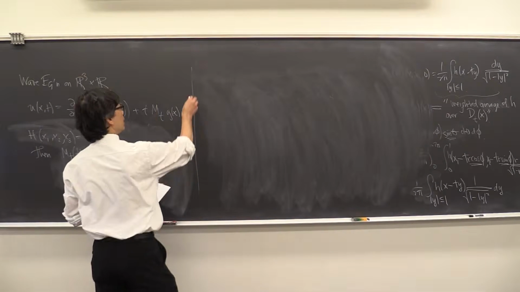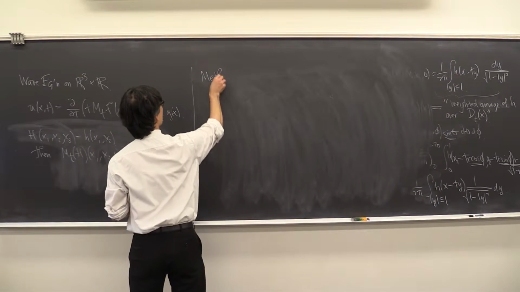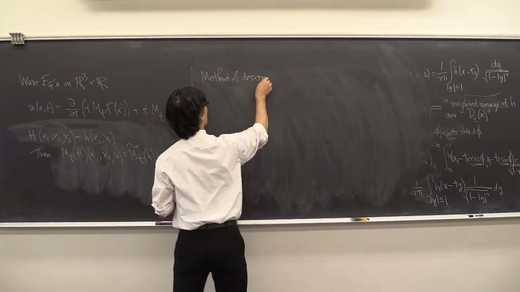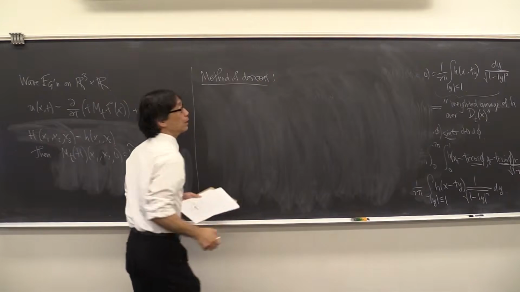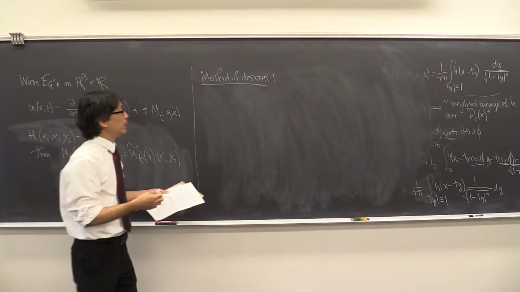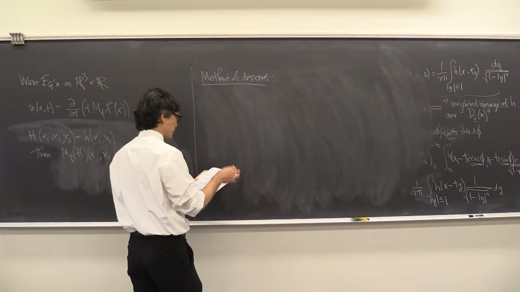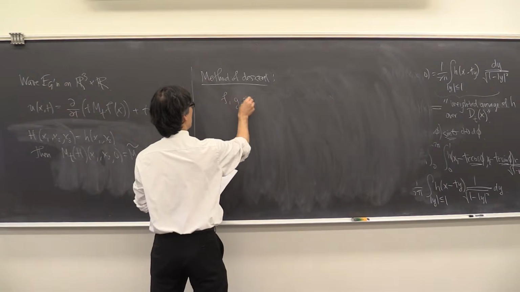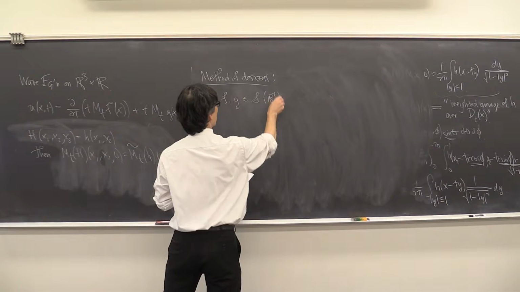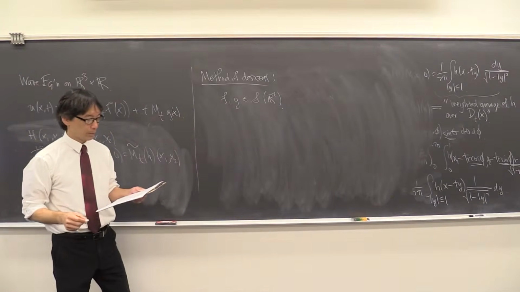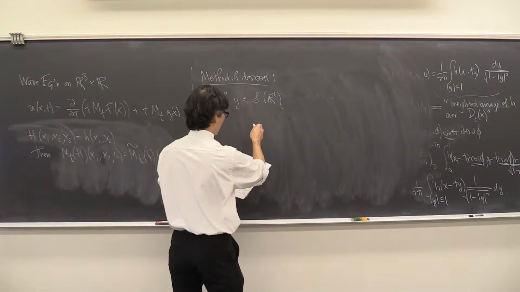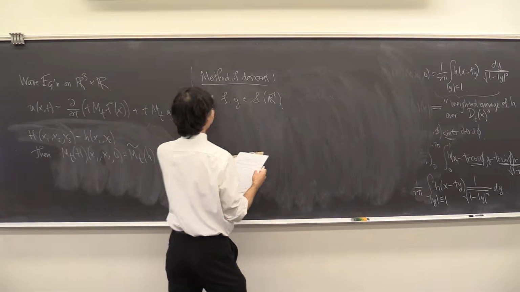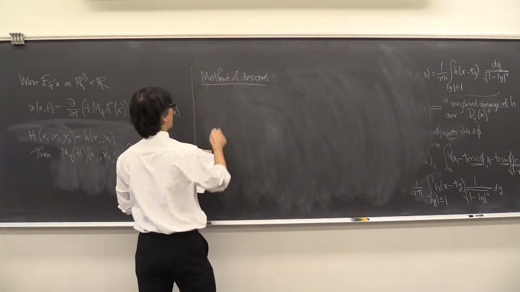So now we do the method of descent. Okay. So method of descent says that, suppose we start off with f and g that are in the Schwartz class on R2, right? And so actually, let me write up the theorem.